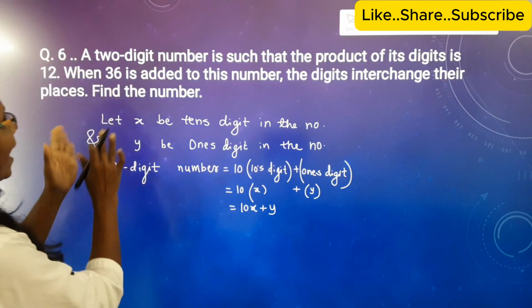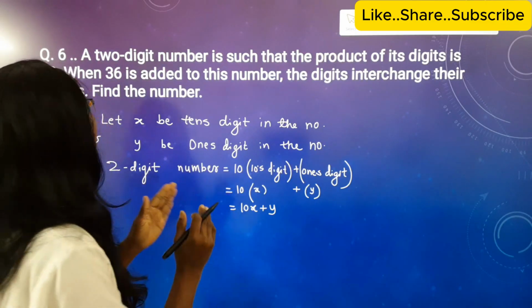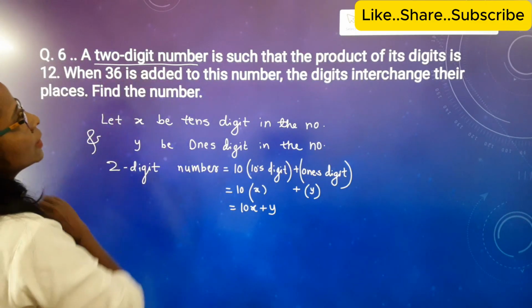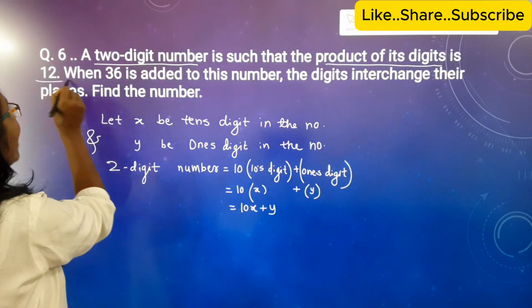So now, as per the given information in the example, a two-digit number is such that the product of its digits is 12.